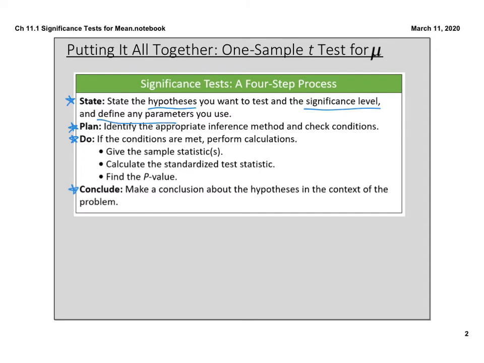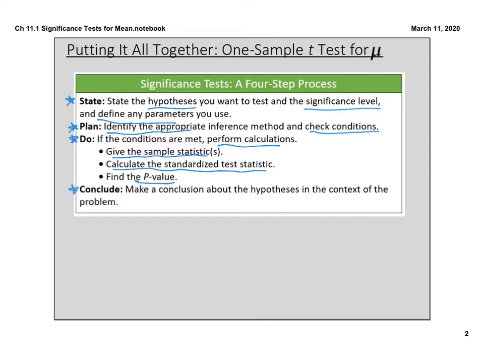When you do the planning, you have to identify the method you're using, the test that you're doing, and then check the 3 conditions, sometimes 2 conditions, usually 3 conditions. In the do, if the conditions are met, which they will be if this is a free response question on the AP exam, you're going to actually do the calculations. You need to give your sample statistics, calculate the test statistic, and find the p-value.